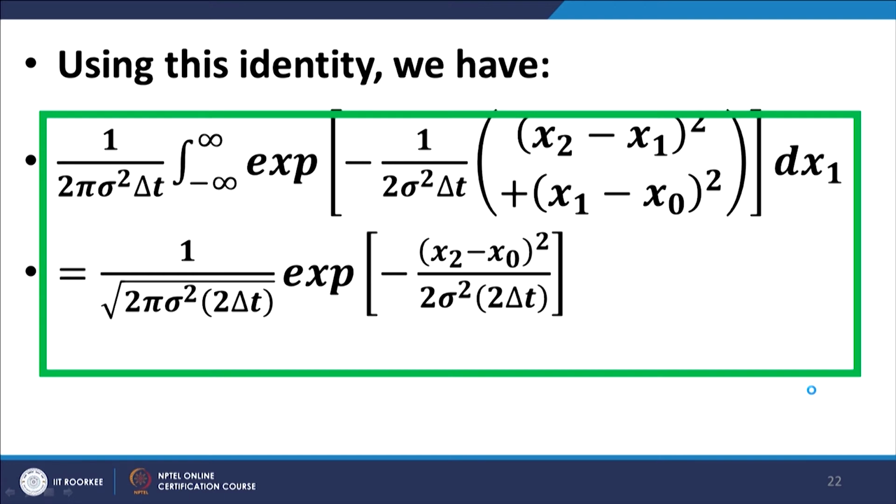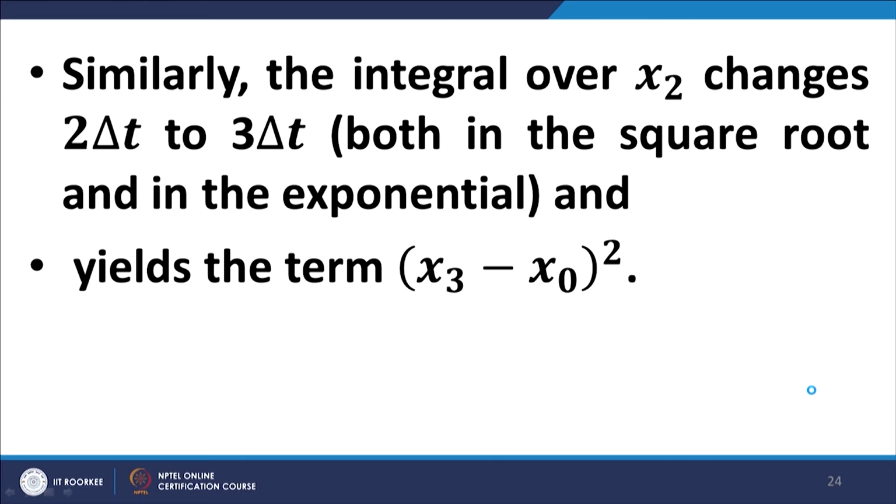So, I repeat, there have been two changes. Delta t has become 2 delta t in the prefactor and in the denominator of the exponential, and number 2, the x1 term has disappeared and we are left with x2 minus x0 squared, of course. So, now we proceed the same way.